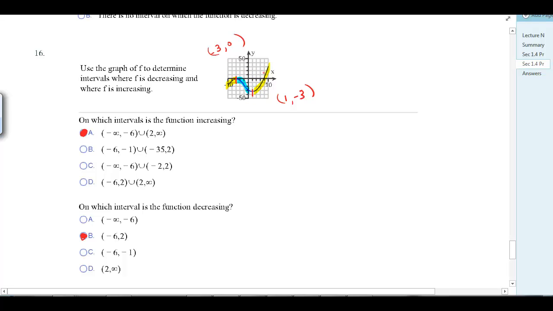So now it's a little easier to see where is it increasing. It's increasing, and I might also write a negative infinity out there and a positive infinity out there so that we can go along the line. So from negative infinity to negative 3, it is increasing.